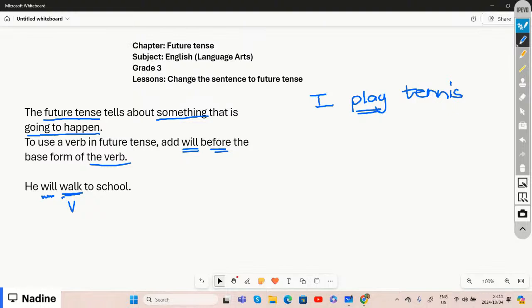Yes, we add the will before the verb. So if we look at this, I play tennis, where are we going to add the will if we were to rewrite that sentence and change it to a future tense?